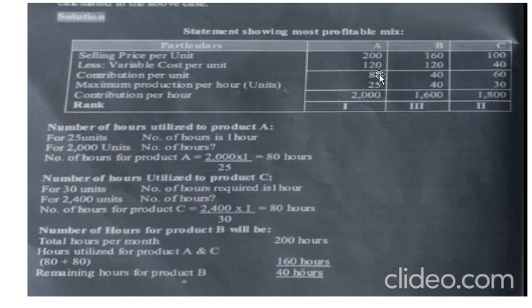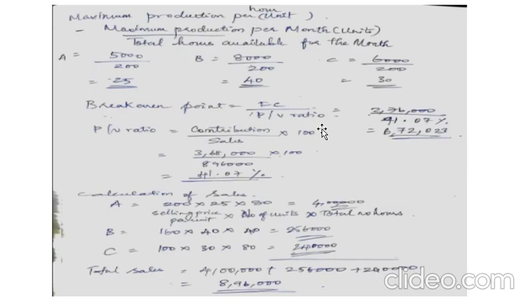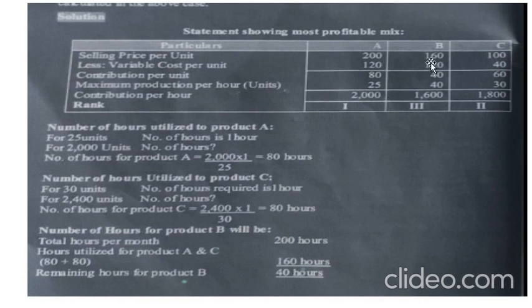Contribution per unit multiplied by the number of units produced in 1 hour will give you the total contribution per hour, which is 2,000 for A. For B, the contribution per unit is selling price minus variable cost, which is 40, and 40 units are produced in 1 hour, so 40 into 40 is 1,600. Then for C, 60 is the contribution per unit, and 30 units are produced in 1 hour, so it is 1,800 per hour.